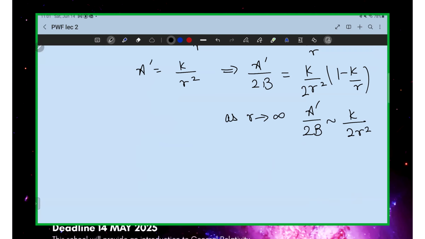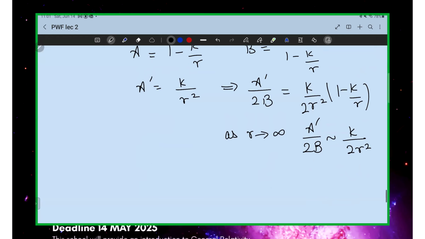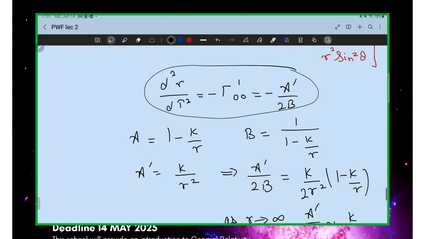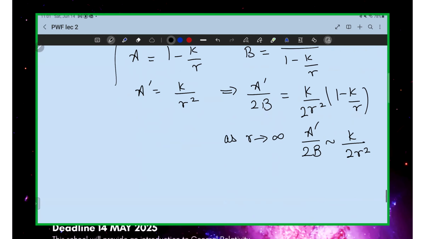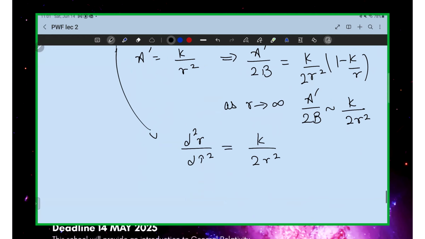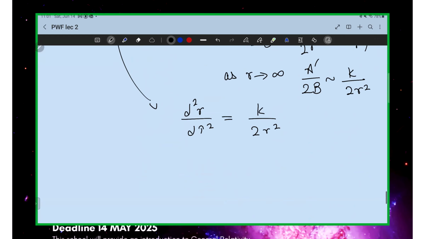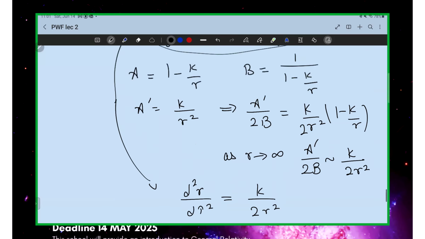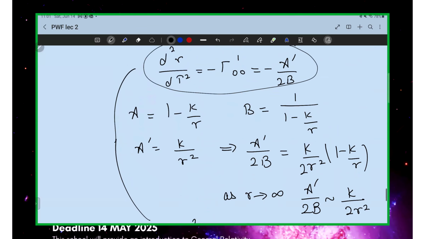Okay. It means that from this equation, you get something like k over 2r squared. Now, from Newton's gravity, what do you get for the acceleration? Well, you get something like negative GM over r squared. I think there was a negative sign that I missed here.